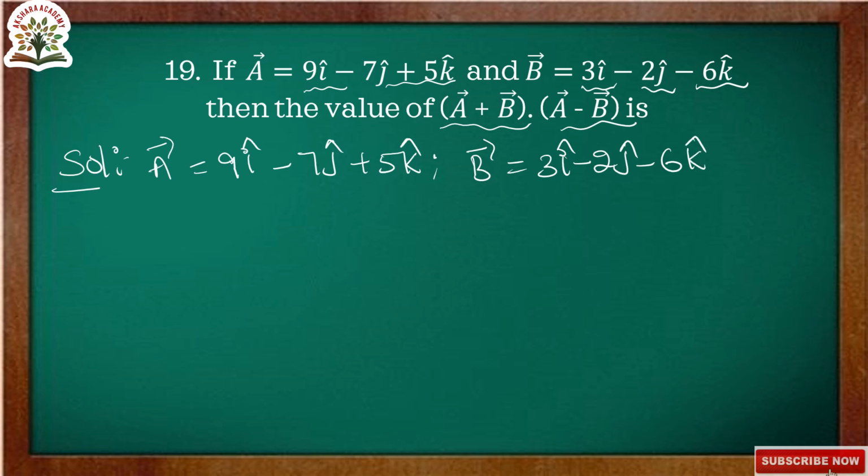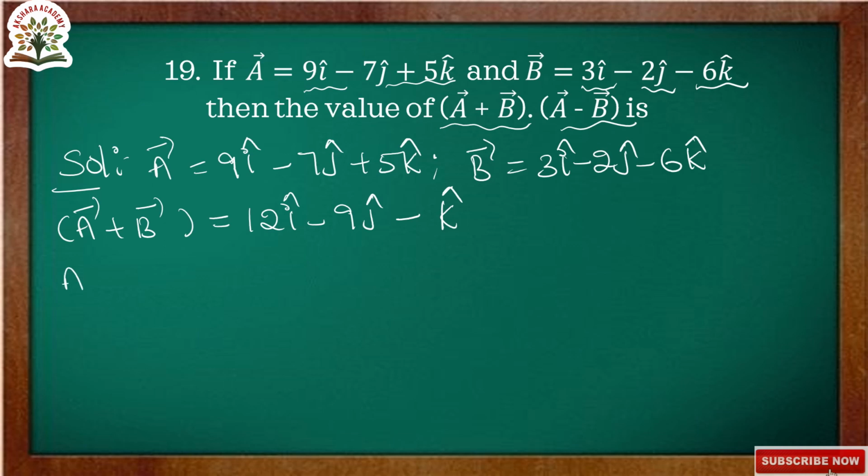Now first we are finding A bar plus B bar, that is equals to 9 plus 3, 12 I cap, minus 7 minus 2, minus 9 J cap, plus 5 minus 6, minus 1 K cap.